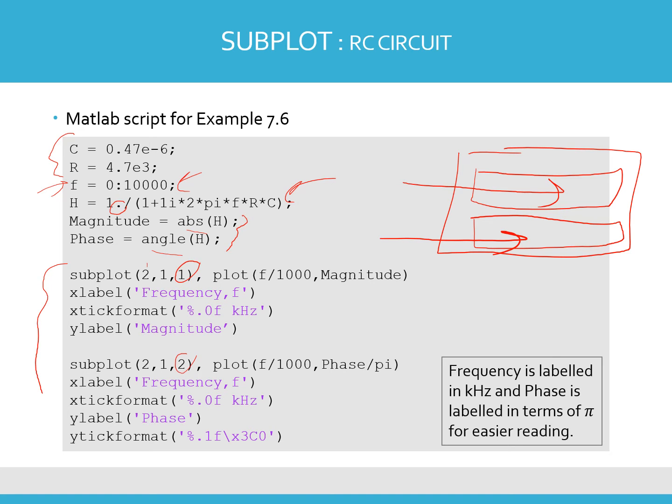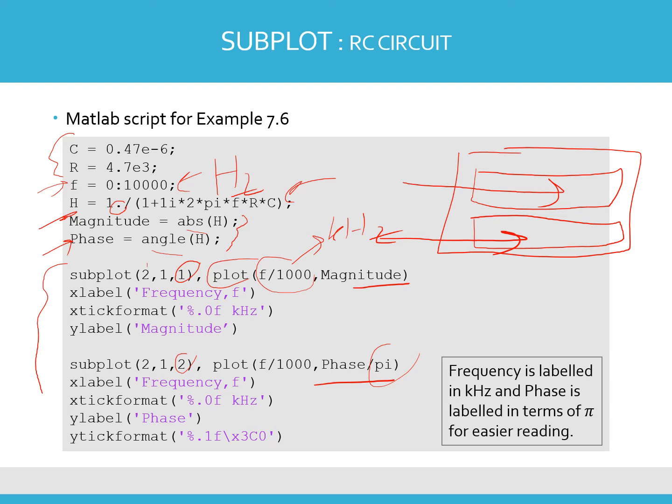Then you have to plot F divided by 1000 because you want the unit to be kilohertz. This one is hertz, this one is kilohertz. And then of course you plot the magnitude and the phase. For phase, you divide by pi, so basically you want to remove the pi.